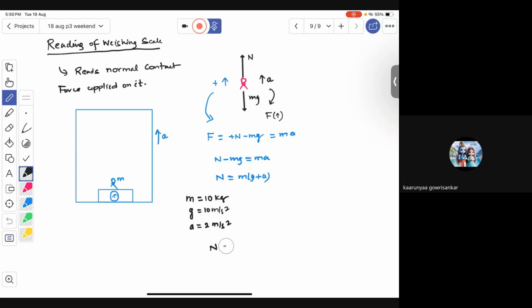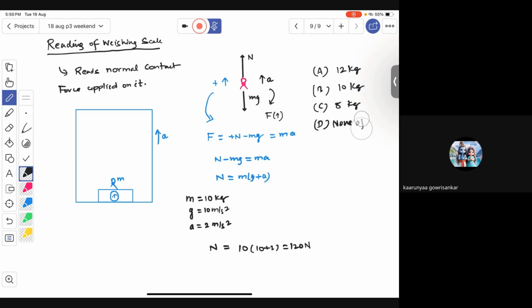For that, the normal contact force will be how much? 10 into (10 plus 2), that will be 120 Newton. But suppose the options I have given are not that. Suppose the options I have given are 12 kg, 10 kg, 8 kg, and maybe none of these.